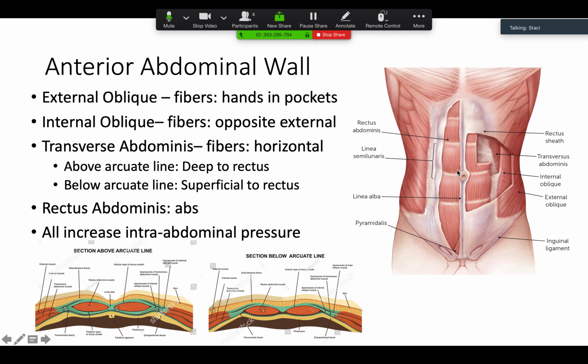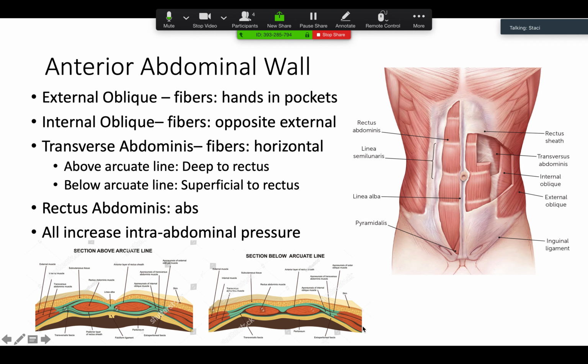Above the arcuate line, it's deep to the rectus, and you can see this right here. So here is our transverse abdominis, and you can see how it's deep. And then after the arcuate line, which is around right here, under our belly button, it's going to be superficial to rectus. So you can see how that goes above this.